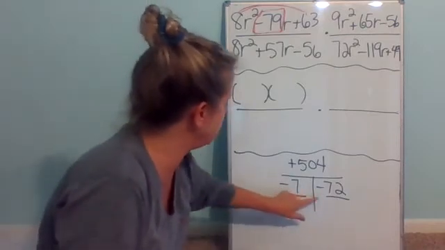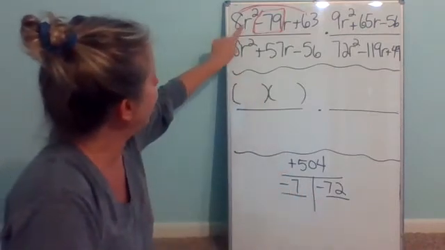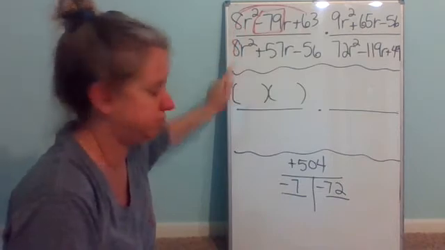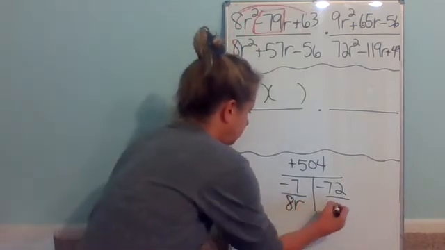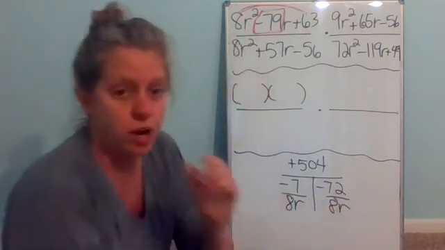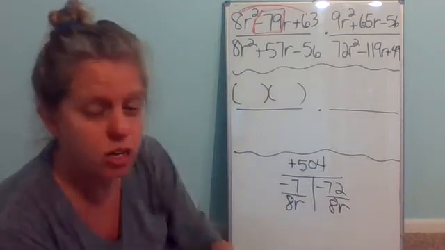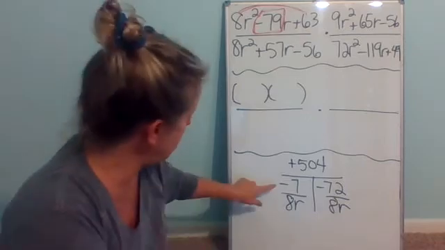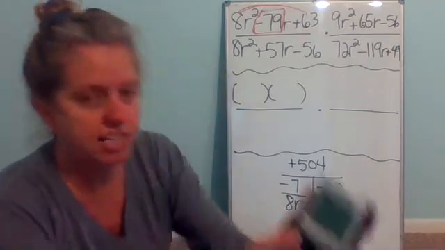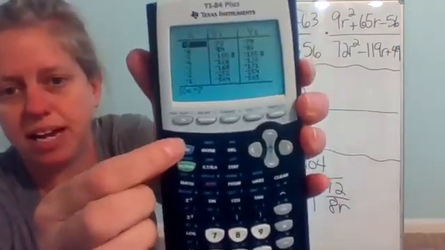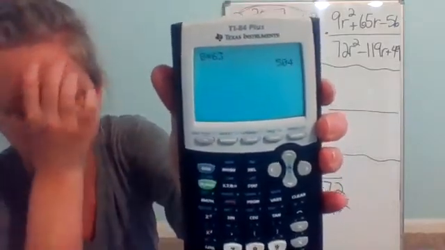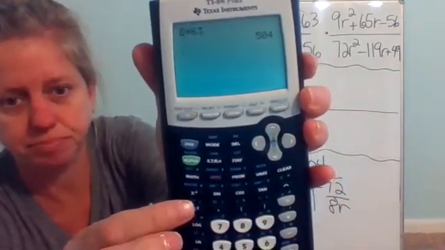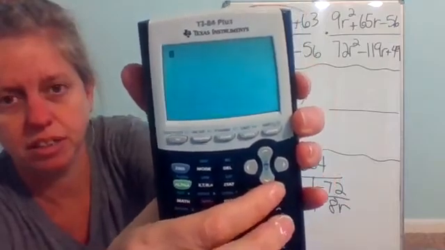What do I need to put these both over? 8R. Reduce your fractions. So again, you're just math entering both of those. So let's see, negative 7 over 8. So get back to your home screen by hitting second, quit. And if you want to clear it out, clear it out.